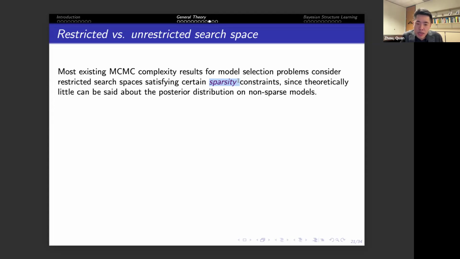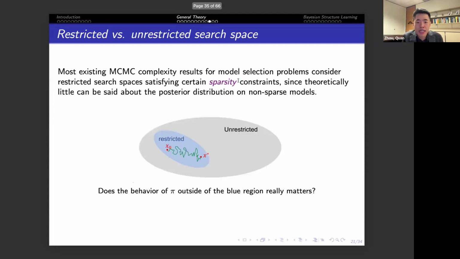But from a practical perspective, you may wonder, do we really have to work with the restricted space in our MCMC sampling complexity? So let's say that here we have a blue region, which is my restricted search space satisfying the sparsity constraints. And then I have a gray region, which is the unrestricted space. If I initialize my sampler here at this x0, then probably my sampler will behave like this, and after some time, it will reach this x star. And the point is that probably during my run of the MCMC algorithm, my sampler will never leave this restricted space.